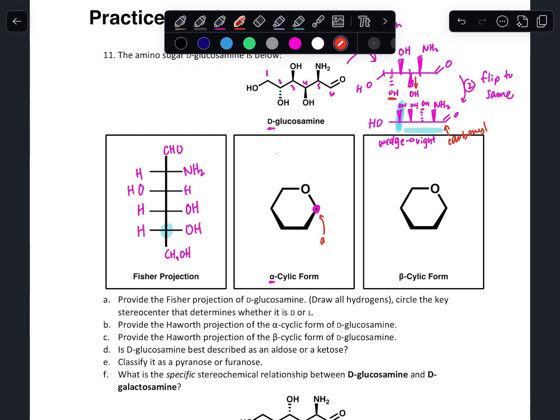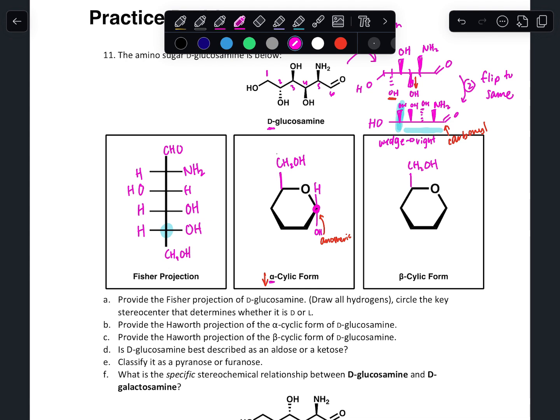So our anomeric carbon, if it's alpha, it will be down. So we can put that in. And we also know that because we have a D-glucosamine, our CH2OH will be up. And that's going to be the same in both the beta cyclic form and the alpha cyclic form.